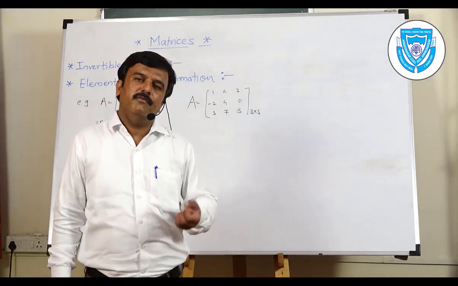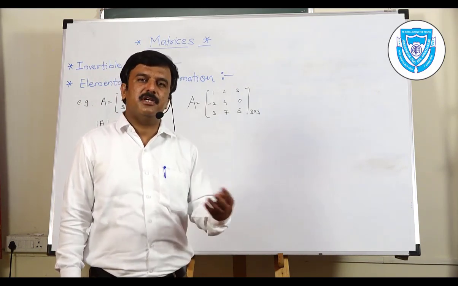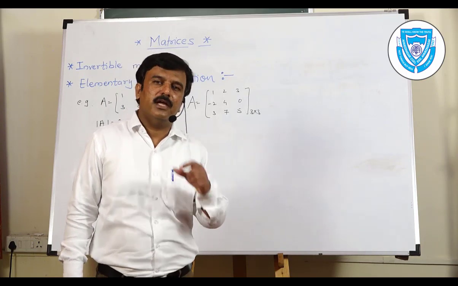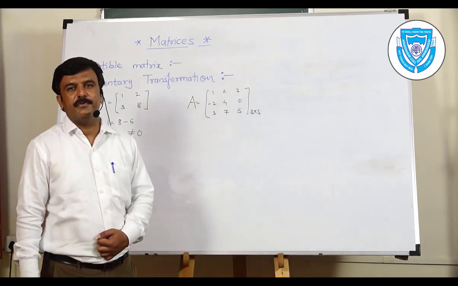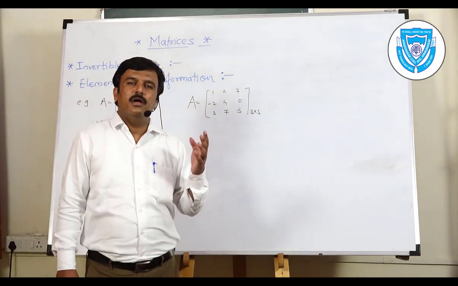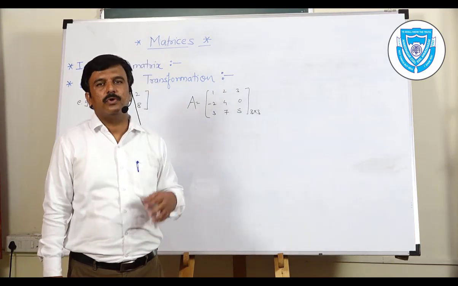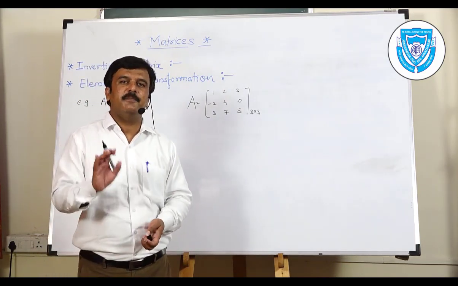What we need these operations for, we will study later on. But before that, let's see how to perform them. The very first operation that we can perform is to interchange rows. We can interchange any two rows or columns of the given matrix as per the requirement.